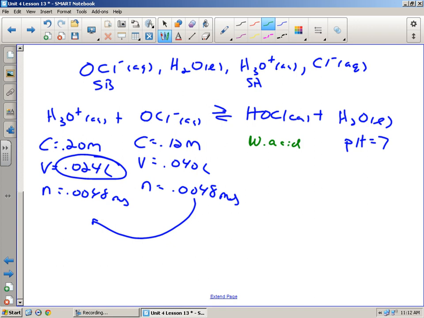Where's HOCl? It's pretty close to the bottom here, actually. Now remember, the strongest acids are at the top here, and as you work down, they get weaker and weaker. That's a pH of 0, let's say. That's a pH of water. Once again, pH of 7. Where's HOCl? It's pretty close to the bottom. So I'd expect this pH probably to be somewhere around, oh, I don't know. There's 7 there. That's 0.